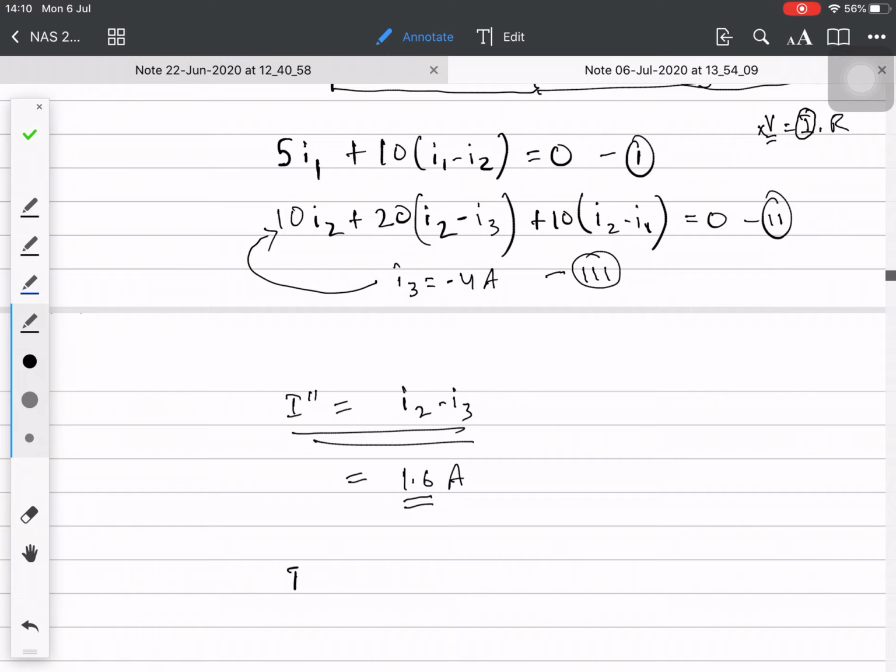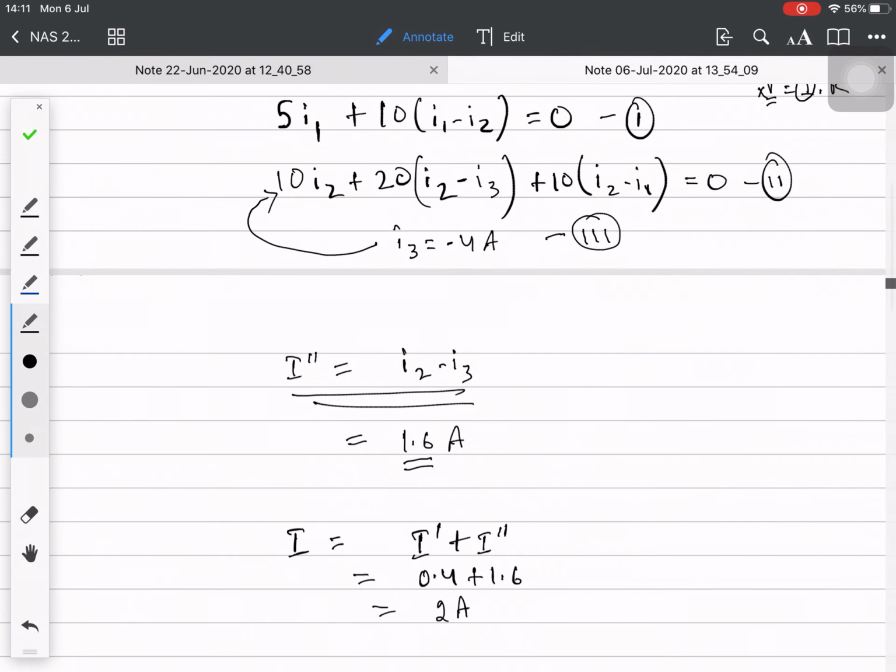So my final current I will be I dash, which is the response due to 20 volt source, plus I double dash, which is the response due to 4 ampere source. So what was the value of I dash? 0.4 and this is 1.6. So if you add them, you will get 2 amps.